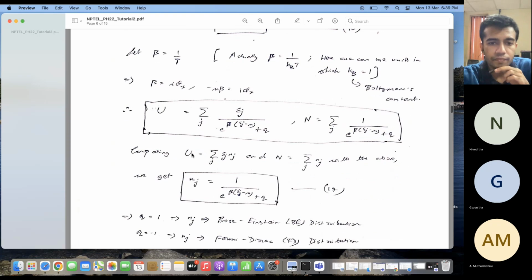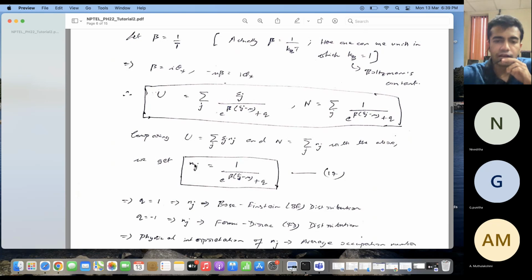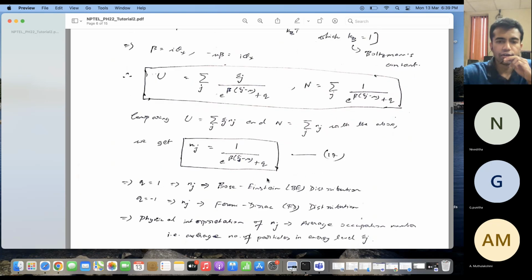Now if I compare these expressions with the expressions of u and n which I had earlier, that is u is equal to summation over j epsilon j nj and n is equal to summation j nj, then I can see that nj, the number of particles in the jth energy level, is equal to 1 by e to the power beta into epsilon j minus mu plus q.